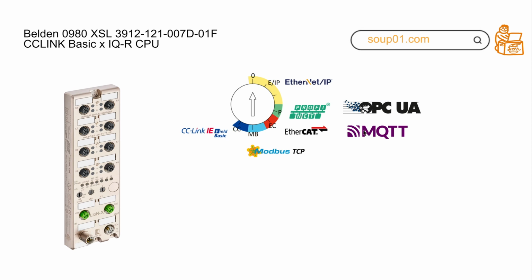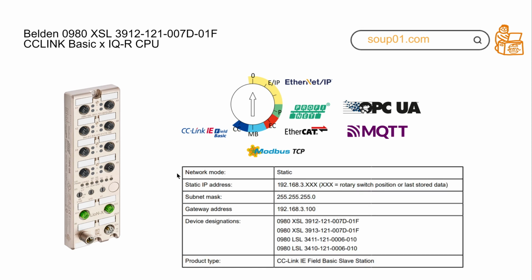It also supports OPC UA and MQTT. If you operate this module in CC-Link IE Basic mode, then the default IP is configured as 192.168.3.xxx. The xxx depends on the rotary switch, which sets the IP address.